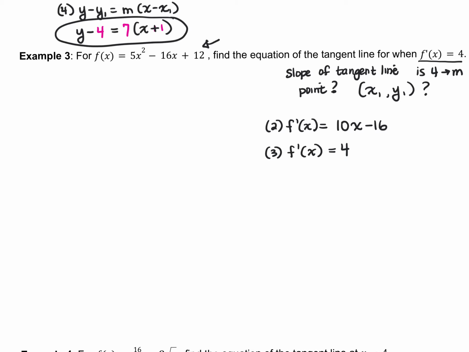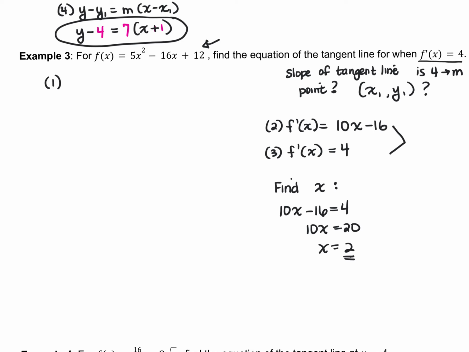Right? So let's notice that those two things are both equal to f prime of x. So we can now find x by setting those two things equal to each other and solving that equation for x. Now I would go back and do step 1. Okay, and the reason for that is I didn't know what the x value was to start with.